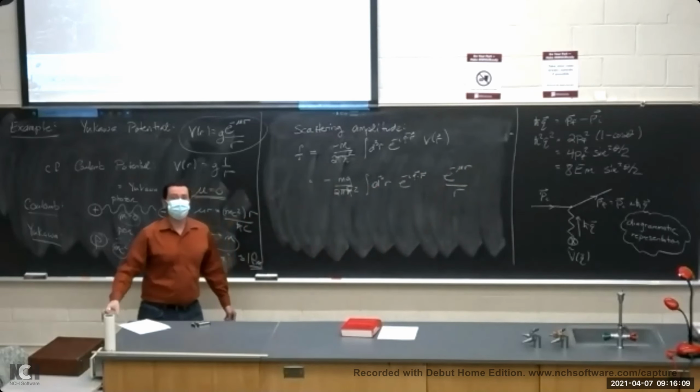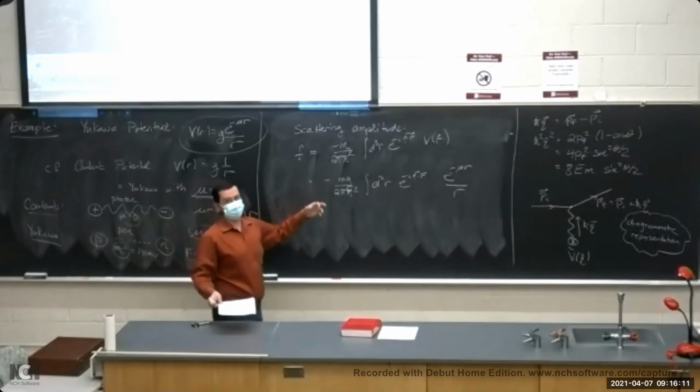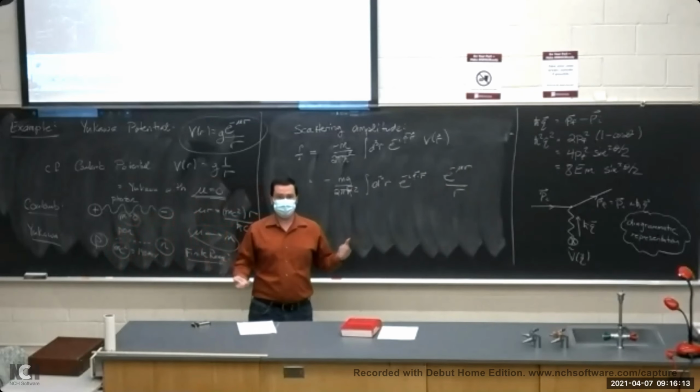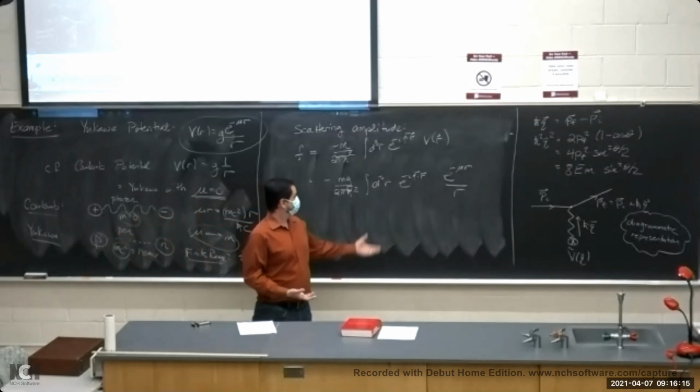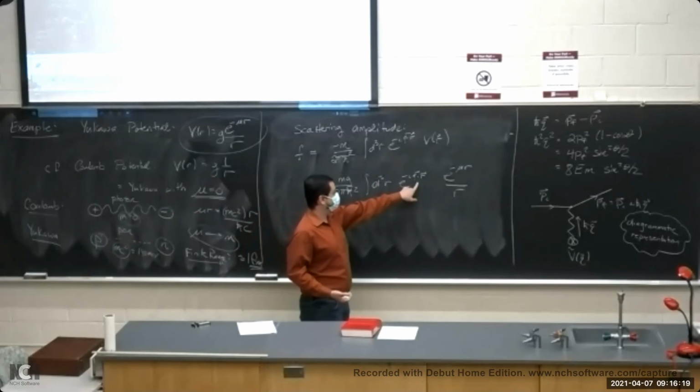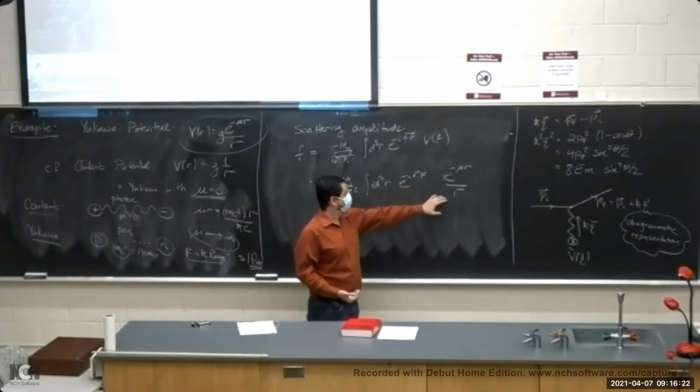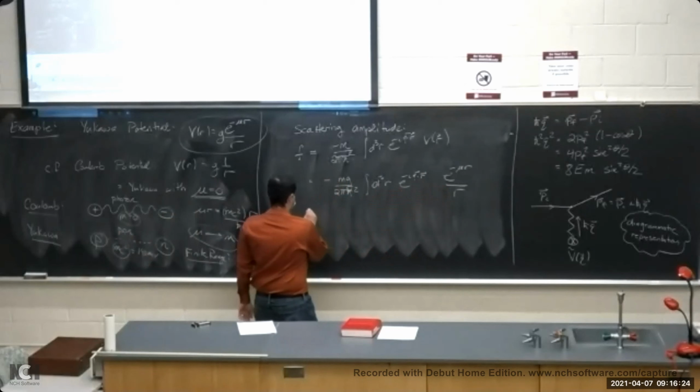So mathematically, the only thing you have to do is take the Fourier transform. Depending on the function, that could be easy or it could be hard. This one is not too bad. So let's open up this integration. I have a vector product here that depends on the angle. This stuff is a scalar. So this thing is minus m g over 2 pi h bar squared.